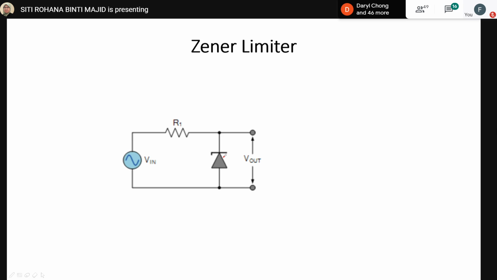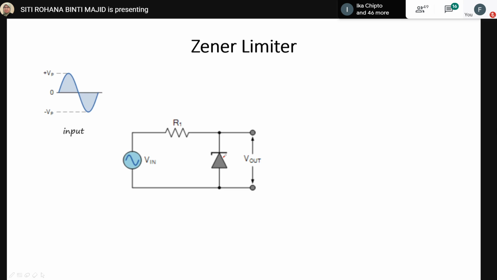So this clipper circuit, we can modify the shape of an AC waveform. We can use a bias voltage, which means the amount of voltage that is clipped off can be accurately controlled.